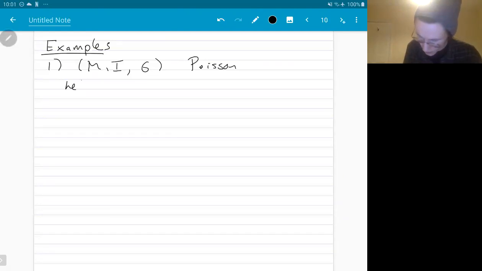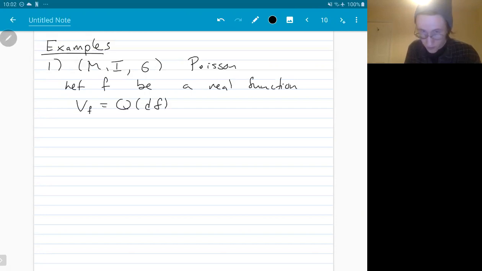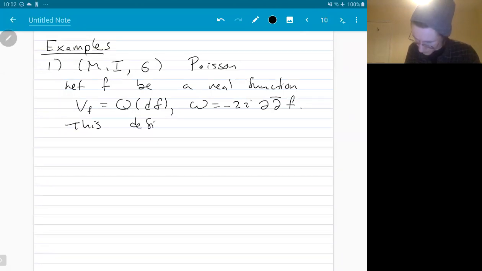We just let f be a real function. Then we take v to be the Hamiltonian vector field, and we take omega to be essentially dd bar of a function. So this defines the data needed to run the flow construction.